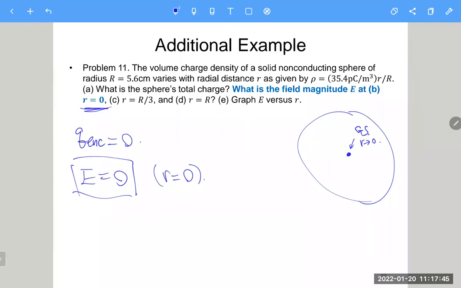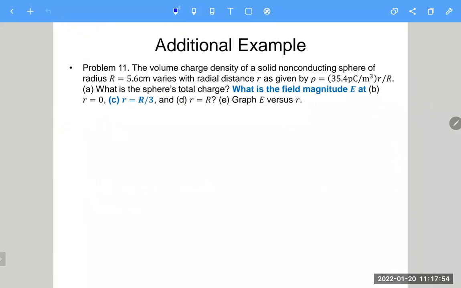Usually when it asks R equals 0, 99% the answer will be 0 for the E field. And then part C will be a difficult one, but actually just as difficult as part A. So now we consider R equals capital R over 3, and suppose this is the Gaussian surface.